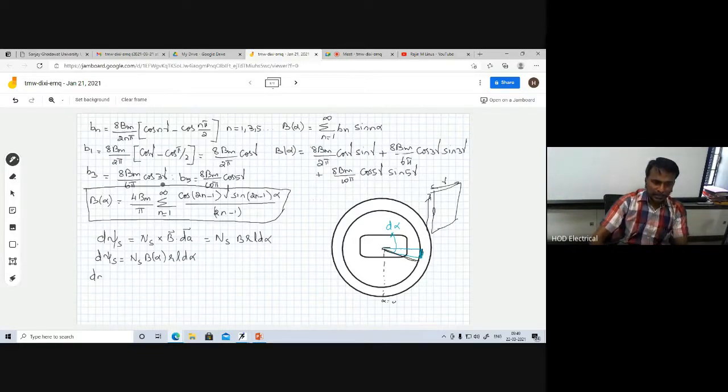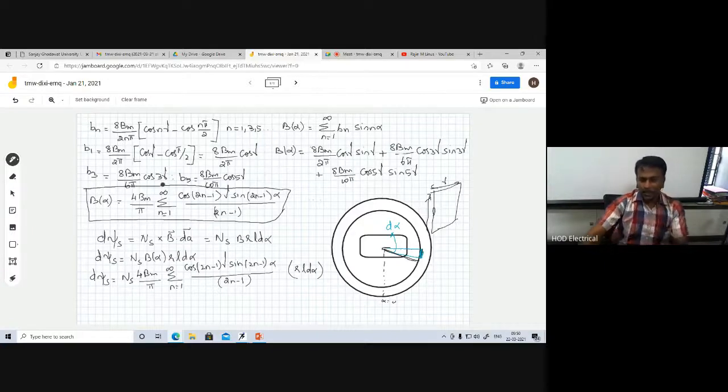What is B of alpha? It is 4 Bm by pi into the summation n equal to 1 to infinity of cos of (2n minus 1) gamma and sin of (2n minus 1) alpha, the whole divided by (2n minus 1), into R into L into d alpha.